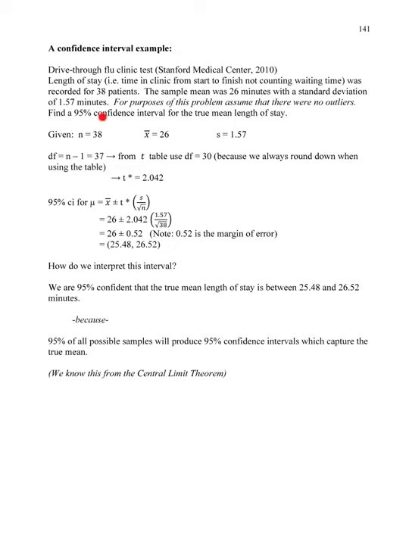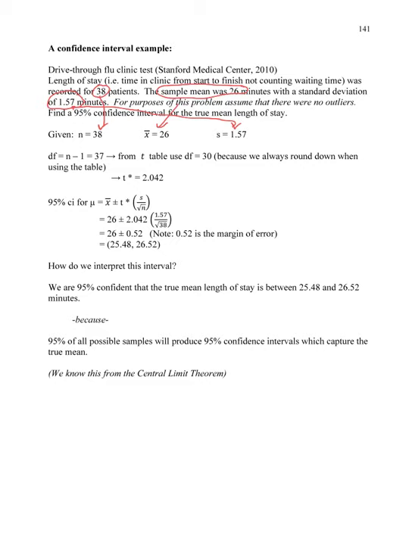Let's say we want to find a 95% confidence interval for the true mean length of time that it's going to take somebody to go through this flu testing station. So our givens are: n is 38, x bar is 26, sample standard deviation is 1.57.